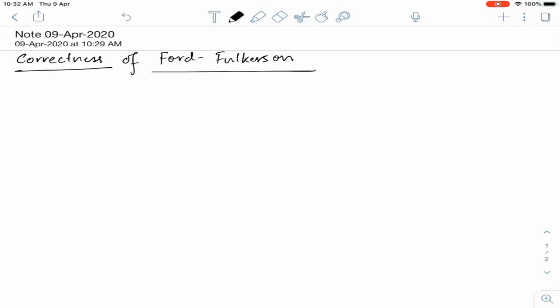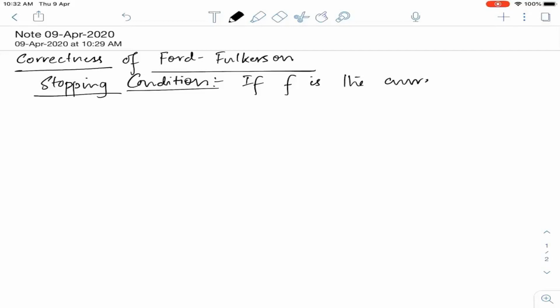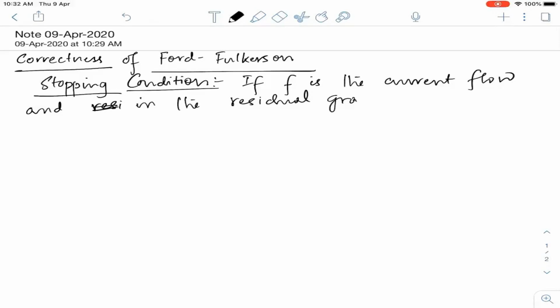Well, the stopping condition is very simple. The stopping condition is the following: if the current flow and its residual graph, here there does not exist any positive capacity ST path.